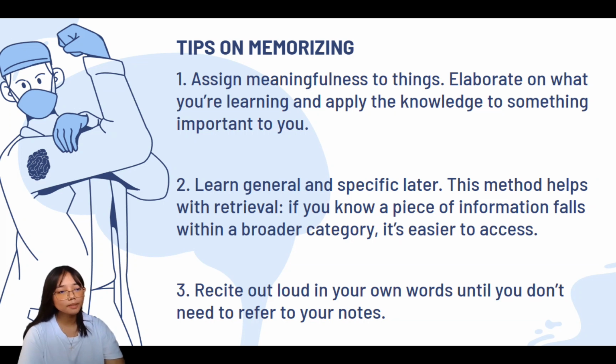The third tip is reciting out loud in your own words until you don't need to refer to your notes anymore. So reciting words out loud can help in memorizing information. This is an effective strategy. So when we speak, we engage multiple areas of our brain, including what we call the motor cortex, which is involved in the process of sound.